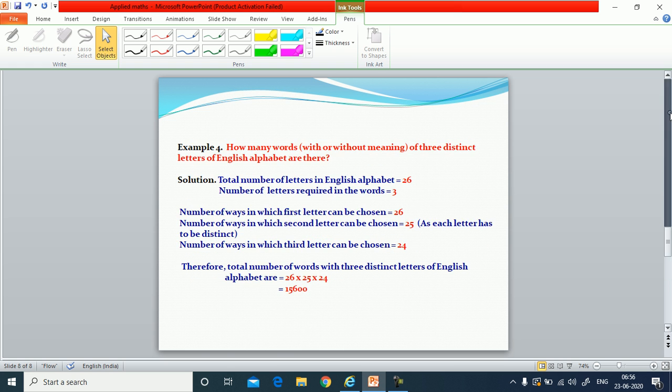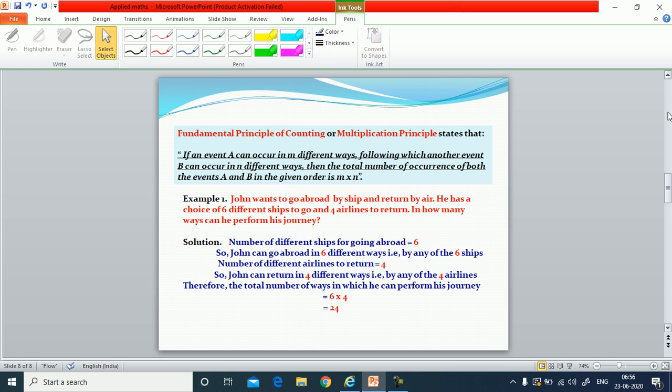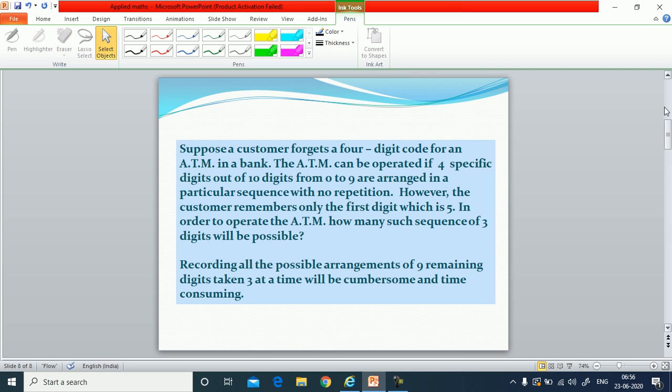Let us go back to our first condition and see if we get an idea how it can be attempted. See here they were saying that the 4-digit code, okay, all the digits have to be different and the first digit is 5, okay, and the remaining 3 digits are to be found. So we can at least come to know how many sequences are possible for those 3 remaining places. So if we remove this 5 from 0 to 9, we are left with 9 digits.